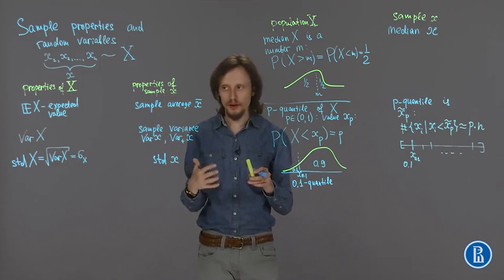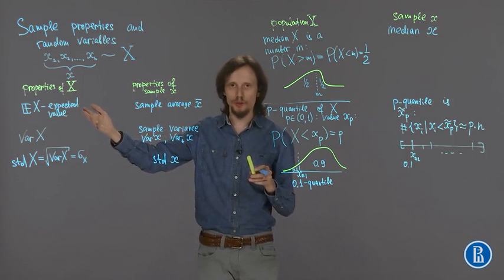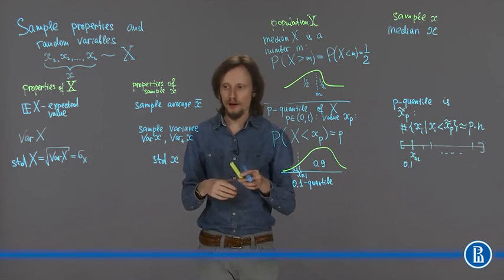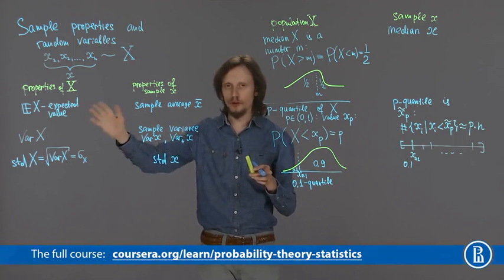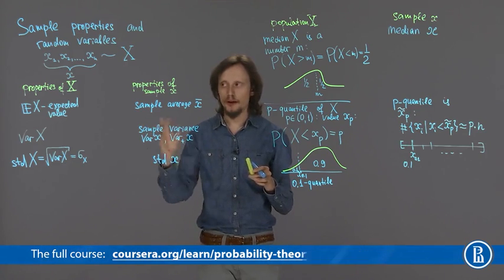And in statistics, we use properties of the sample to estimate the corresponding properties of the population. This is our main goal. We will use statistical tools not only to say that this can be done, but also to quantify possible errors of this estimation.